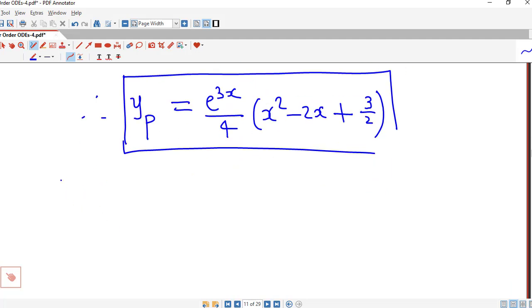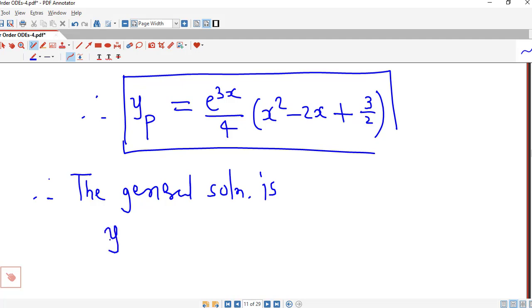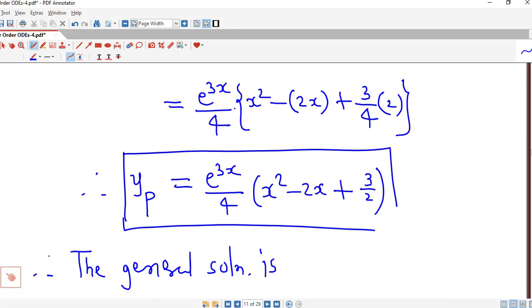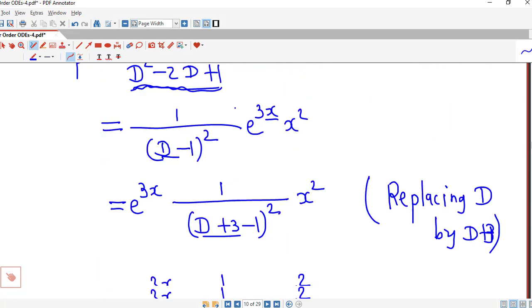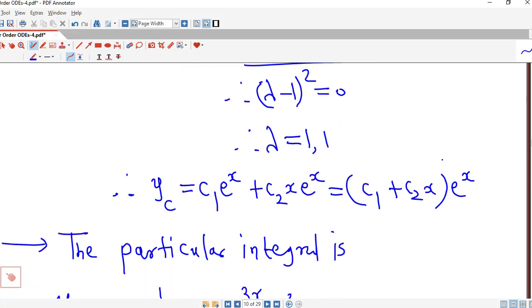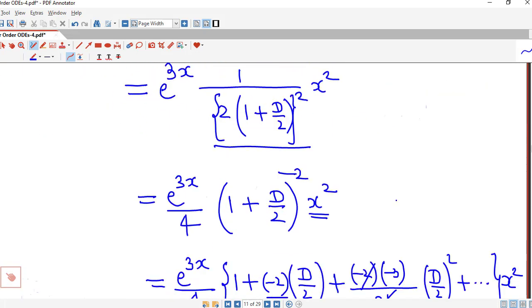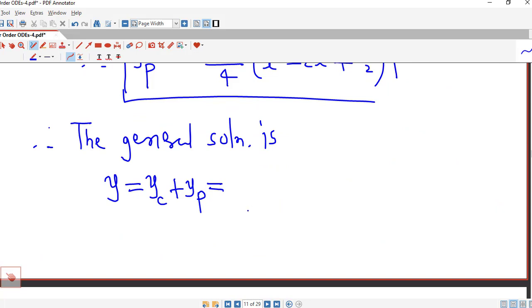So now finally we write down the general solution. Therefore the general solution is y equal to yc plus yp. What is the complementary function, or yc? That is nothing but c1 plus c2 x, e raised to x. So the complementary function is c1 plus c2 x, e raised to x.